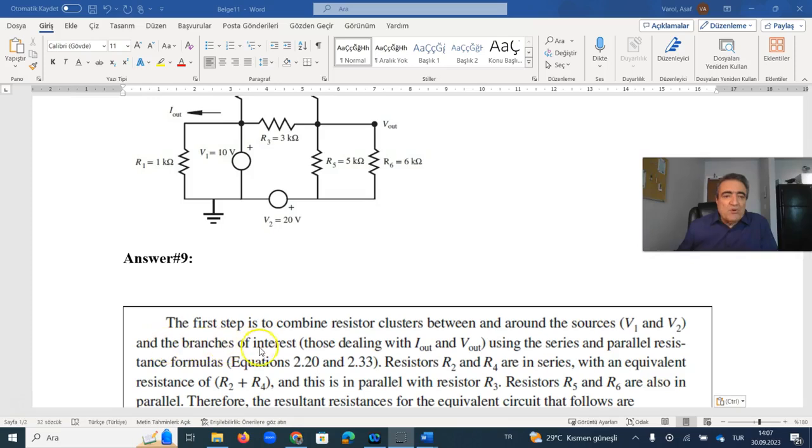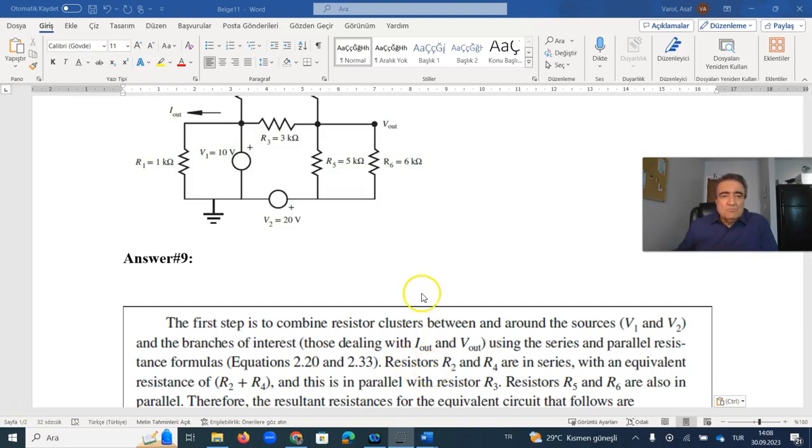And the branches of interest, those dealing with I out here and V out here, using the series and parallel resistance formulas. Remember, we studied the formulas relevant to in series or in parallel.